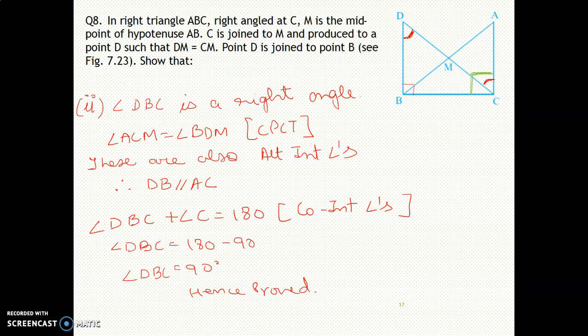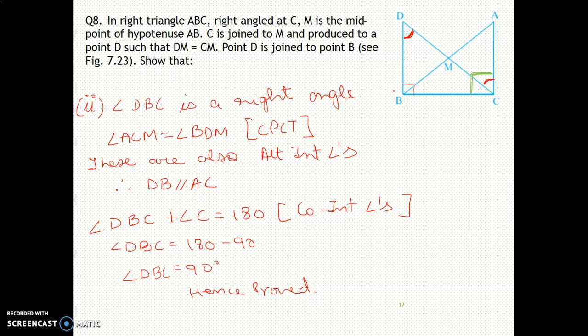In the first part we have shown that triangles AMC and BMD are congruent, so by CPCT, angle ACM will be equal to angle BDM, and by alternate interior angles also, therefore DB is parallel to AC.